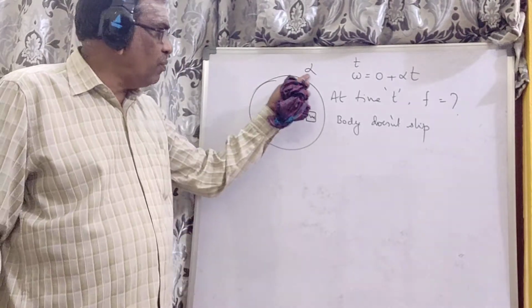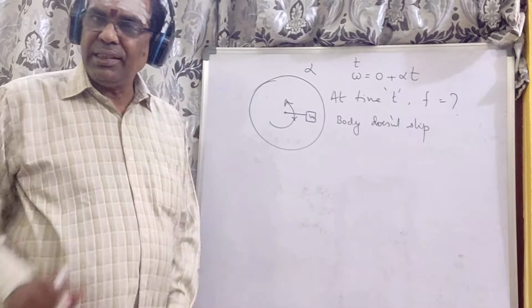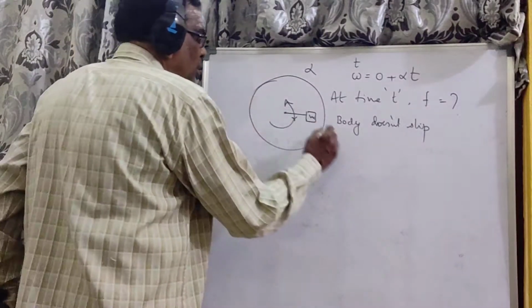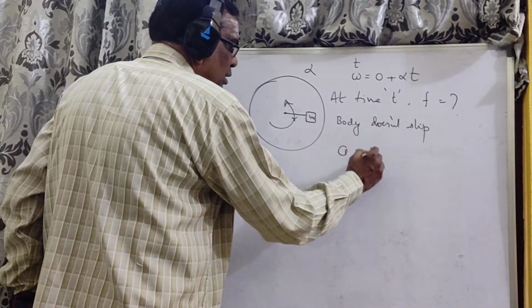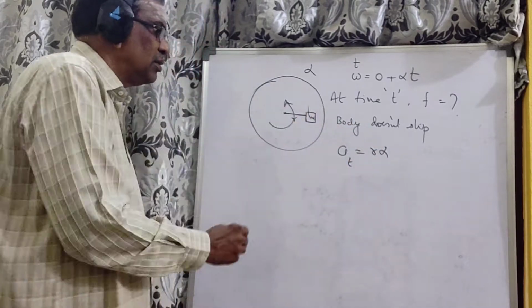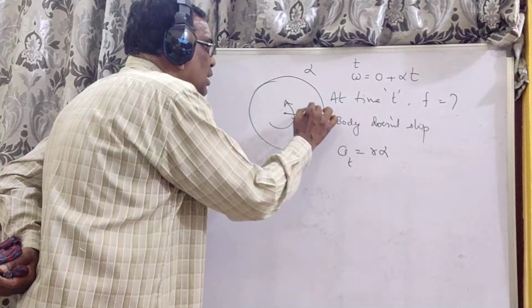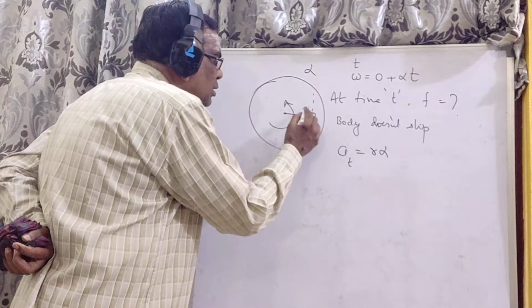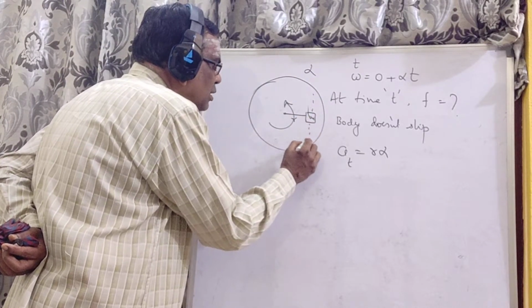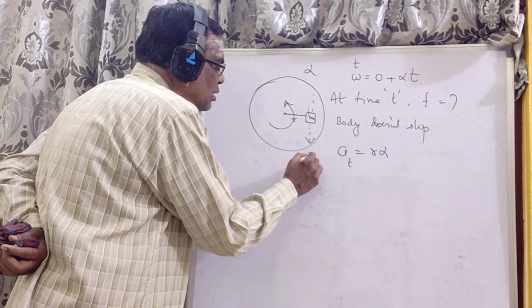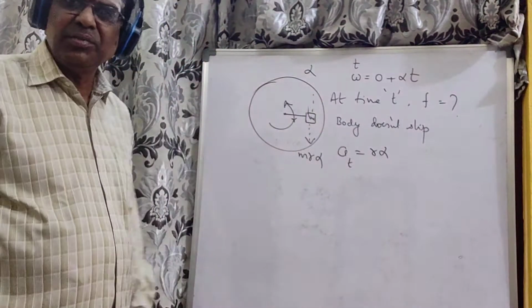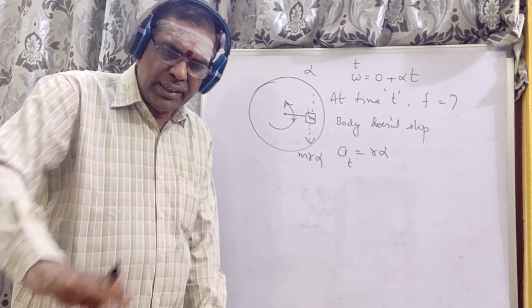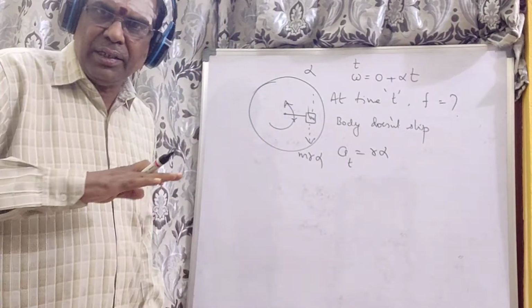Alpha means there is a tangential acceleration. How? a t is equal to r alpha is how it is accelerating, and this is how it is increasing its speed.